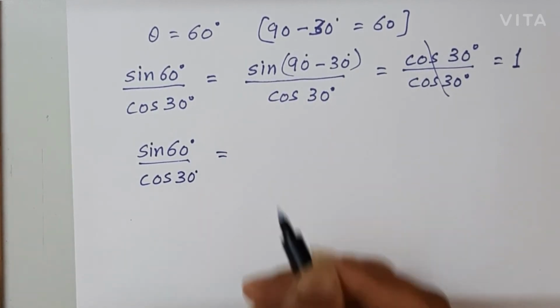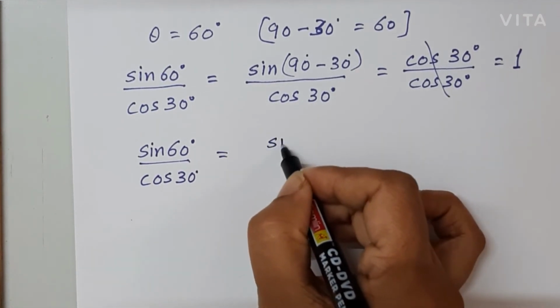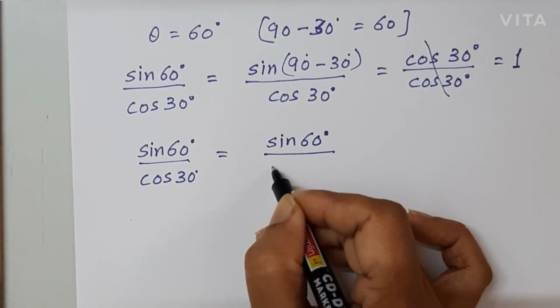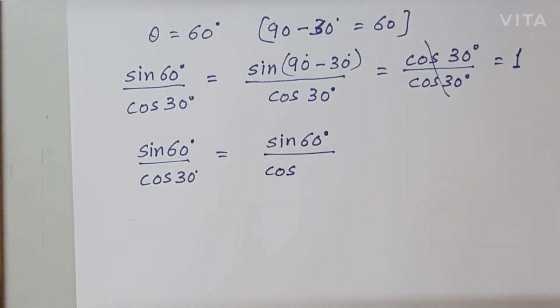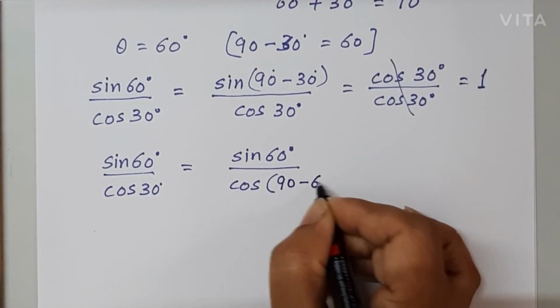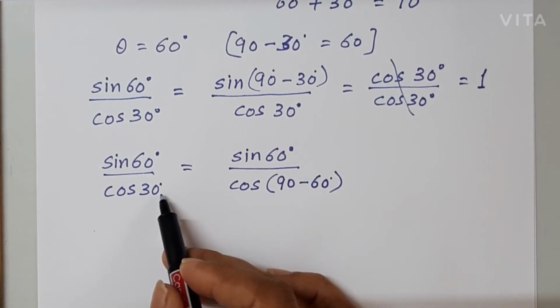Now I'll be making changes here in the denominator. So I'll write this as sine 60 degree upon cos. Now cos of what will I write here? 90 minus 60 degree, because 90 minus 60 is 30.